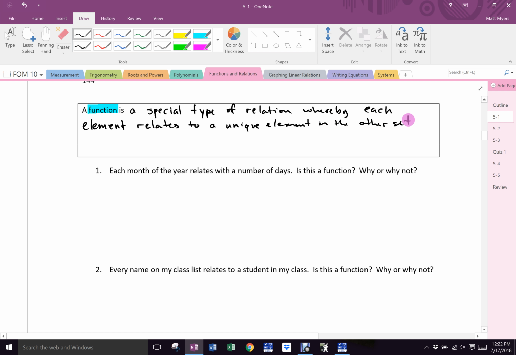So, in a relation, you compare anything. In a function, every element in one set relates to only one element in the other set. Everybody cool?